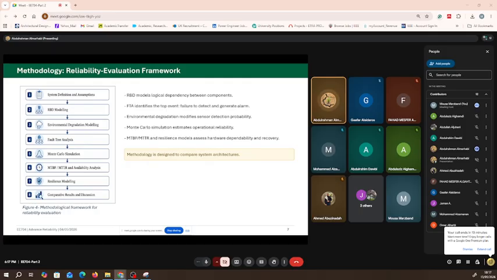Third, I used an environmental degradation model to represent scenario detection probability under different conditions. Fourth, I used MTBF and MTTR analysis and the resilience model to evaluate performance and recovery after a disturbance.